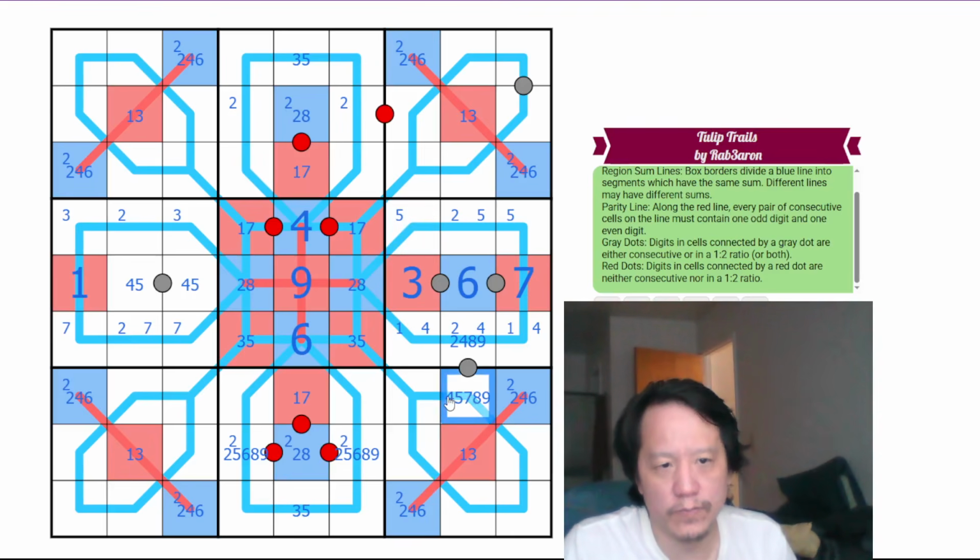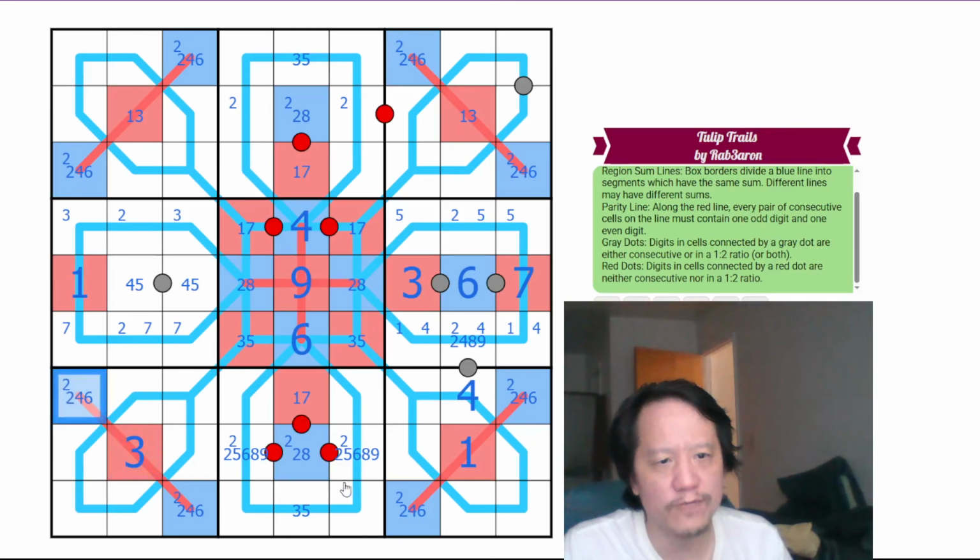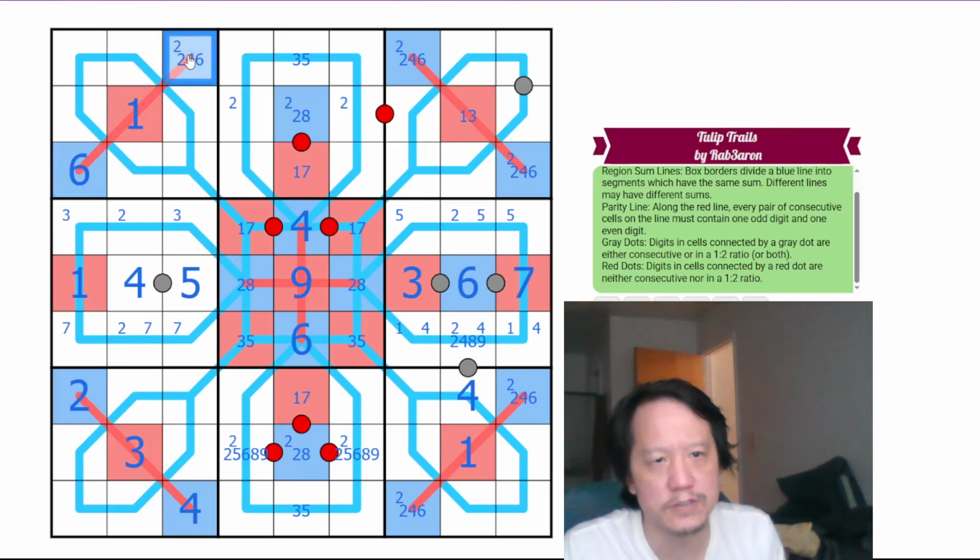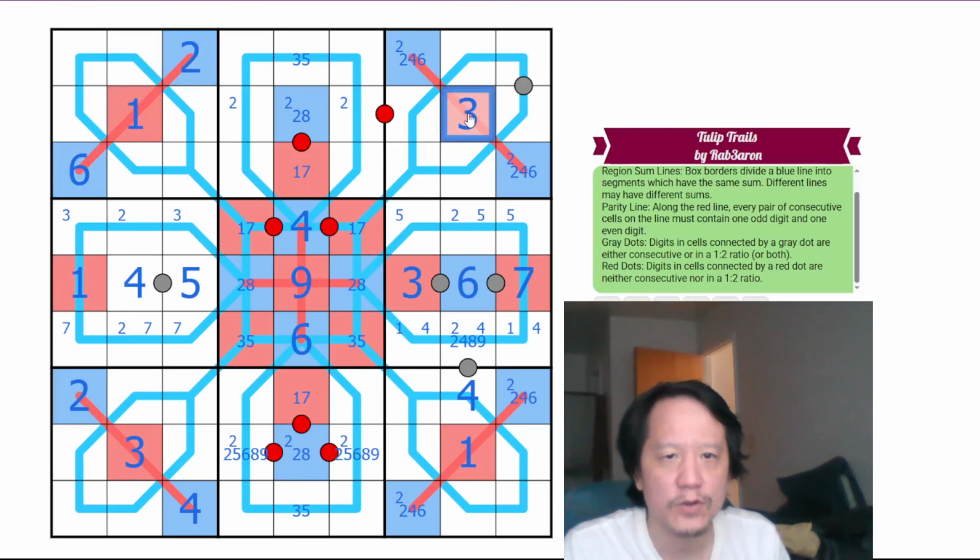What happens if this is 4? If this is 4, this is 2, 6, and 1, obviously. So that makes that 3. That would force this to be 2 here. This would be 4 here, so 5 here, 4 here. That would be 1, 6, and 2. 3.